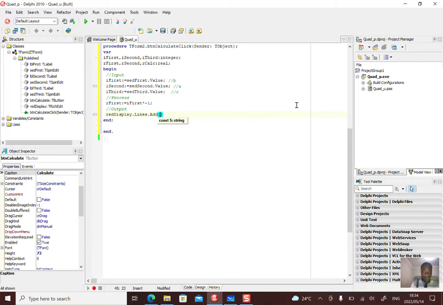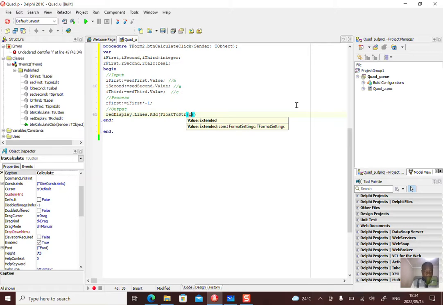Since it's read or rich edit strings, I'm going to convert the float to string, so it displays that float as a string. So over here, it's going to be R first.